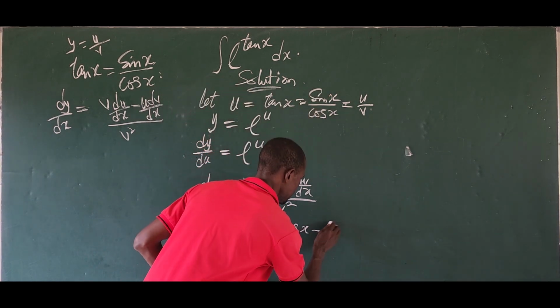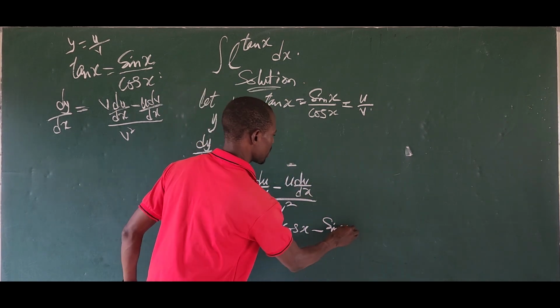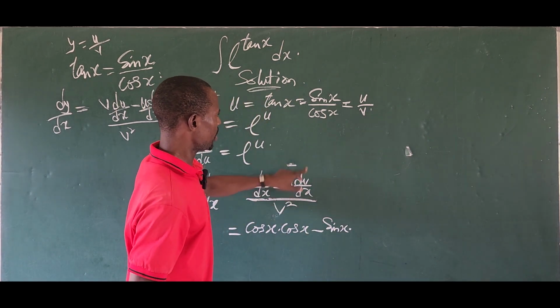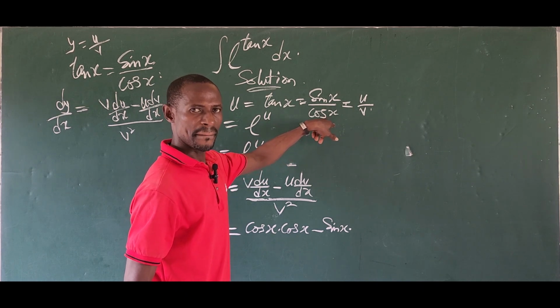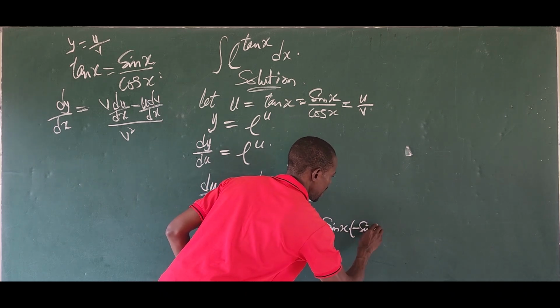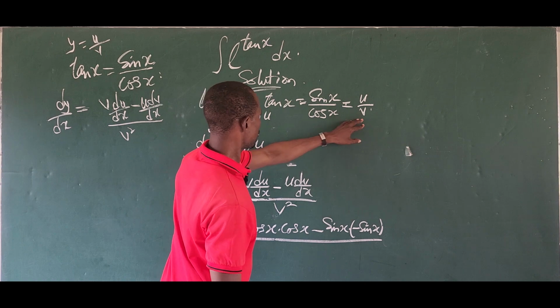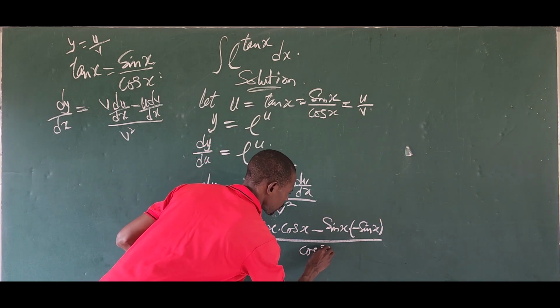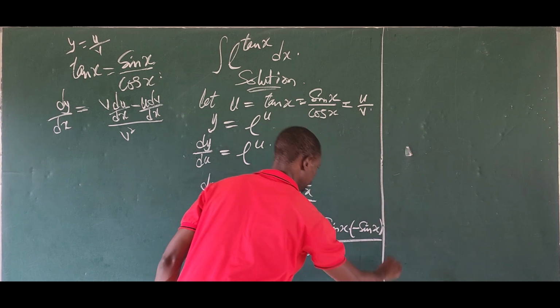Our u is sine x, then times our dv. If v is cos x, if we differentiate cos x, that will give us minus sine x. So this is going to give us bracket minus sine x close bracket, all over v squared, which is cos squared x, right? So let's continue on this side.